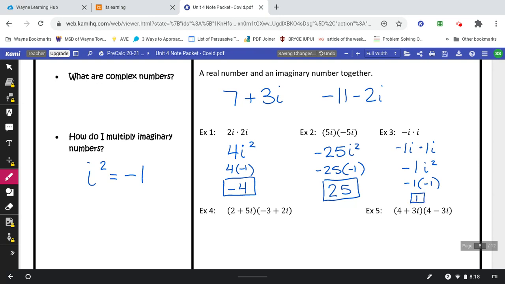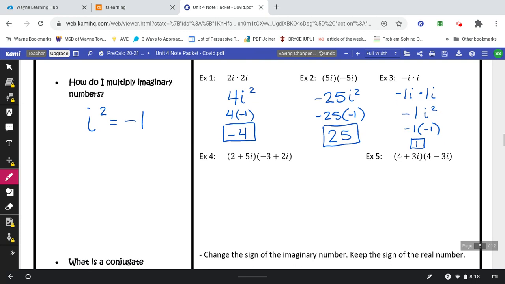I am writing out all the steps for these up here, but if you can go straight from the i squared to multiplying it by -1, you don't have to show all the steps.